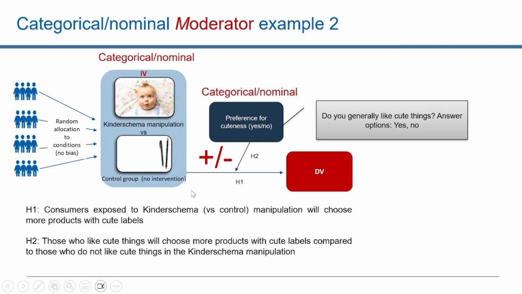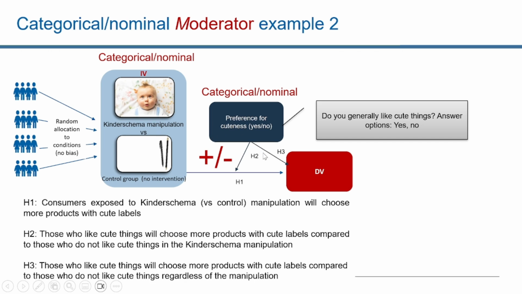And in this case, we are hypothesizing that consumers who like cute things will select more cute products compared to those who do not like cute things. And this will also be impacted by the manipulation to which they are allocated. And this is exactly what's captured by hypothesis number 3.